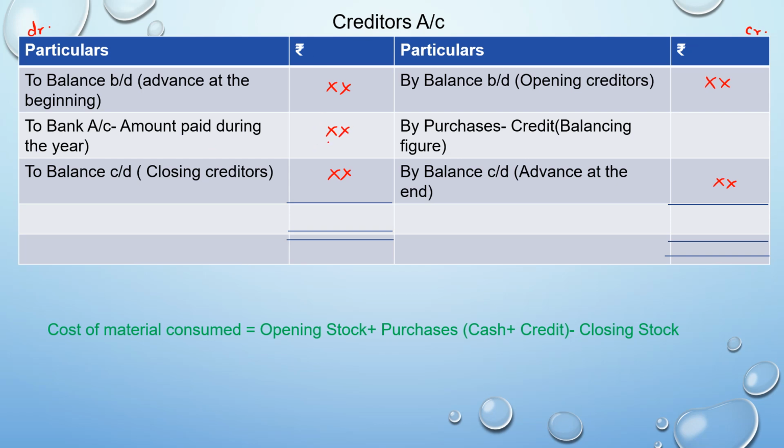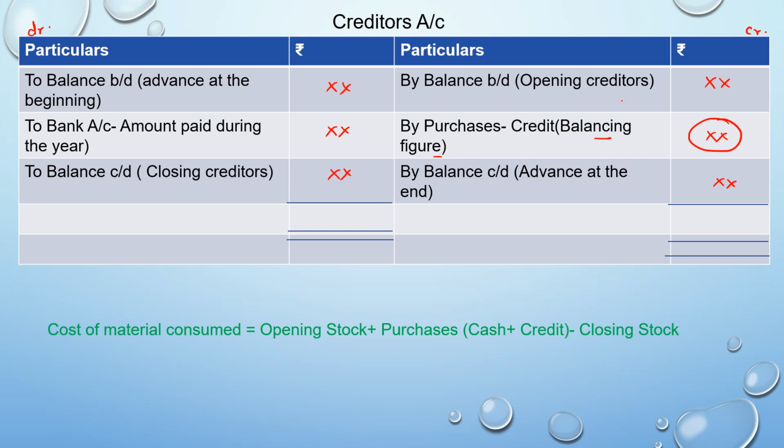So it comes on the debit side. Once incorporating this information, you would get the balancing figure of purchase. This basically represents the credit purchase made during the year. So this is the value that we are trying to ascertain by preparing this creditors account.